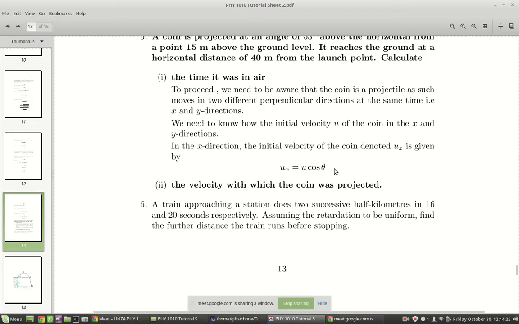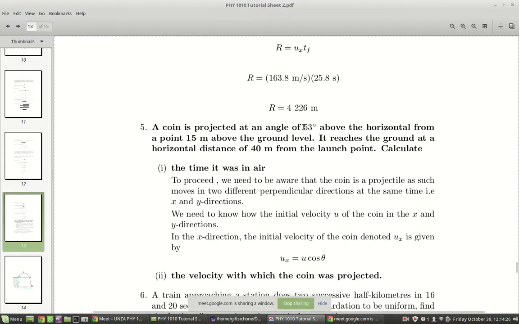However, we know what theta is in this case. Our theta is 53 degrees.